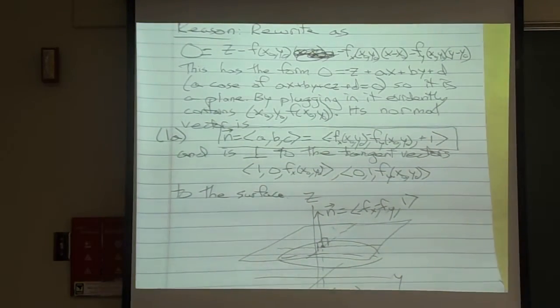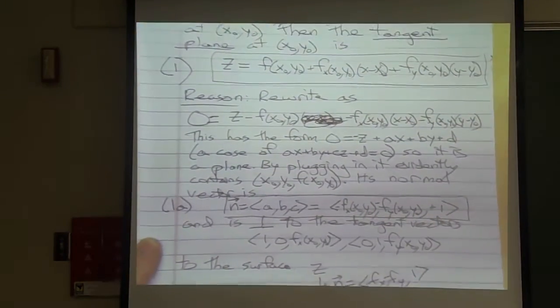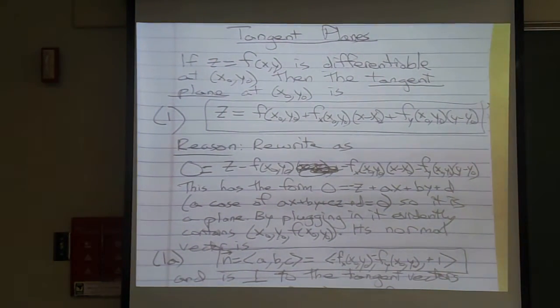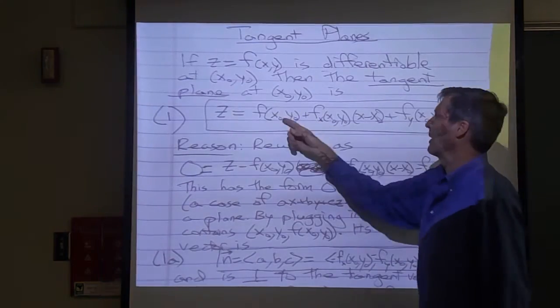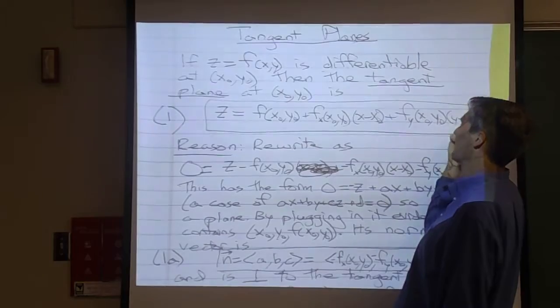There is how you can get a tangent plane when z is given as a differentiable function of x and y. You just immediately write down this equation, f of x0, y0 plus fx times x minus x0 plus fy times y minus y0.